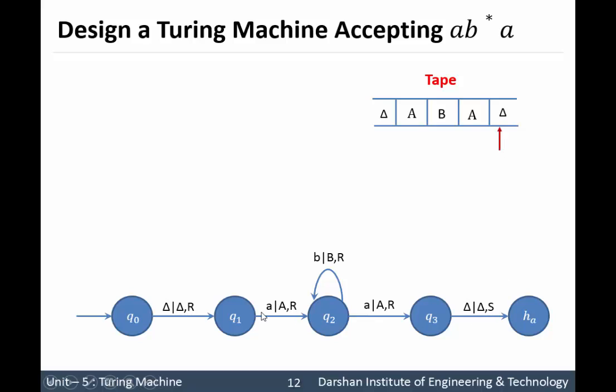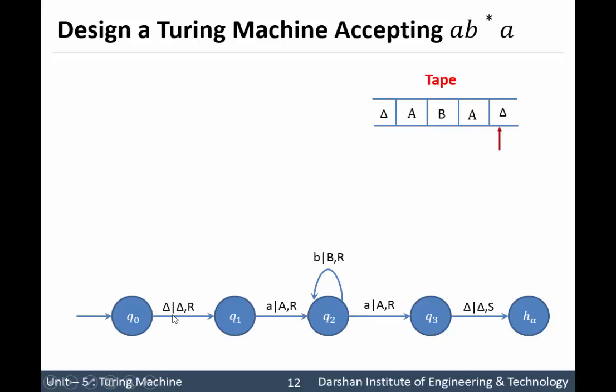Now this is a very simple Turing machine which accepts only and only strings belonging to the language a b* a. Every valid string will be accepted in HA state. Here HA is halt and accept state. Now what happens if our first character is b? Obviously this type of string should be rejected by the Turing machine.